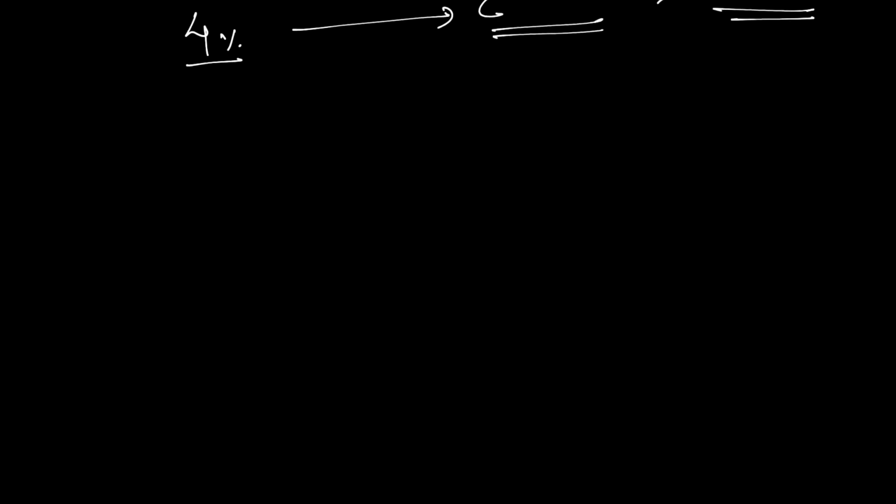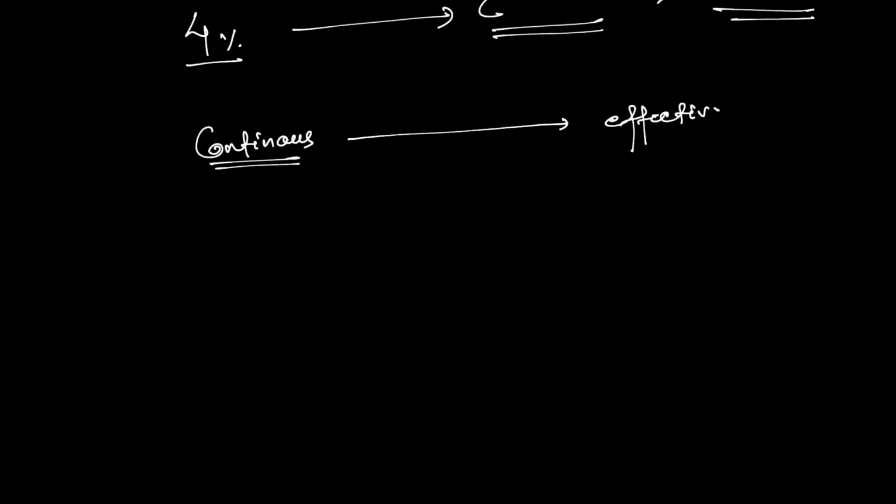So you learned that if you want to convert the continuous rate to effective, you do exponential x minus 1. Okay.